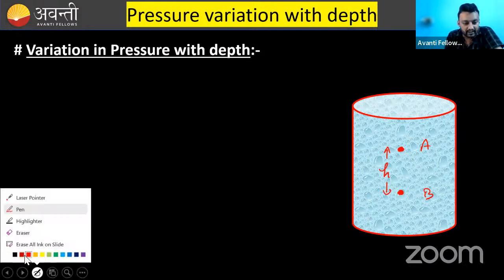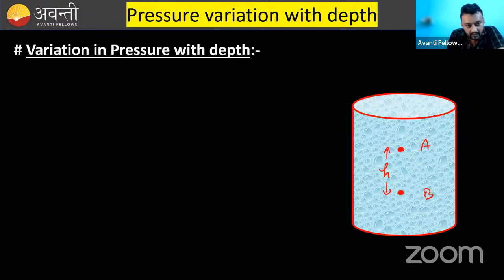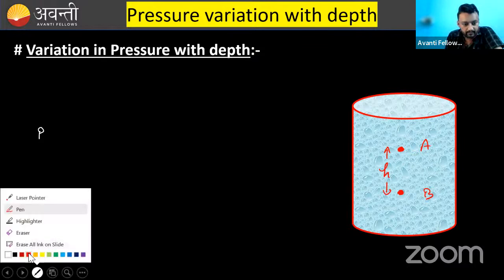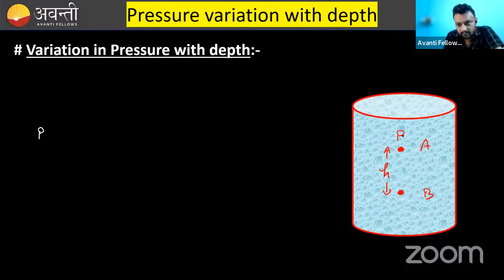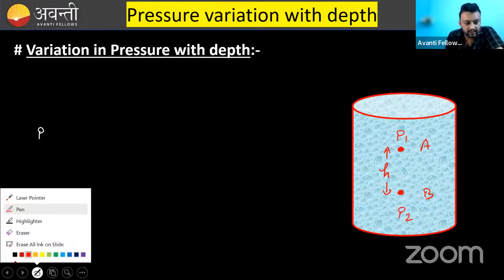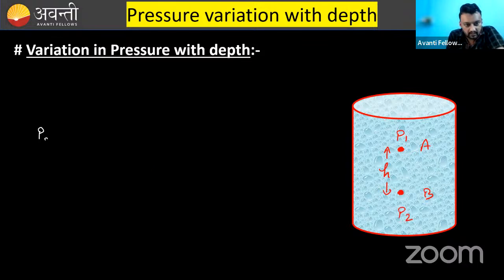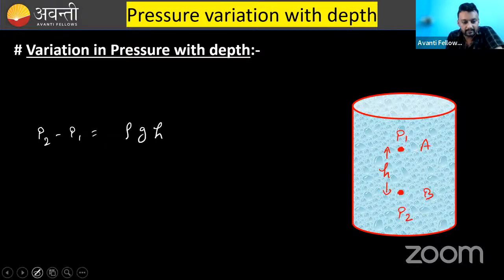So the pressure difference is given by, let's suppose pressure is P1 at point A and P2 at point B. So this pressure difference, P2 minus P1, will be rho g h.